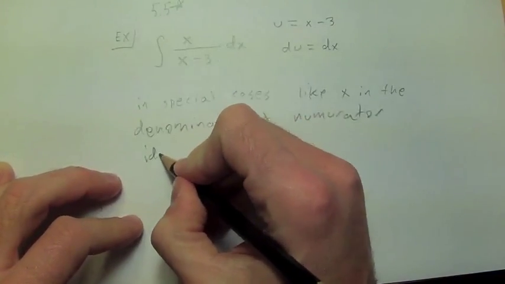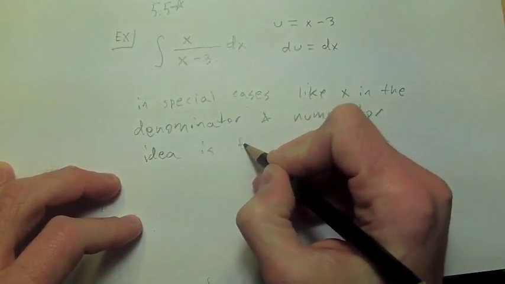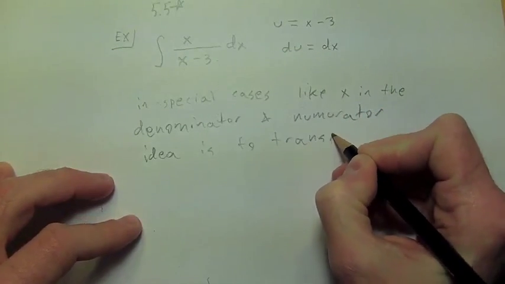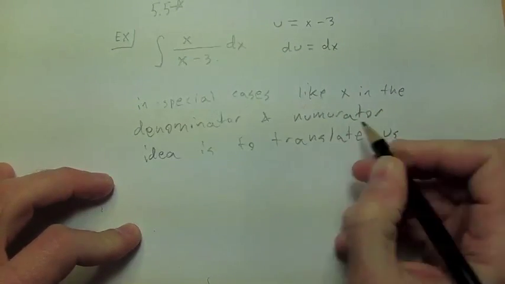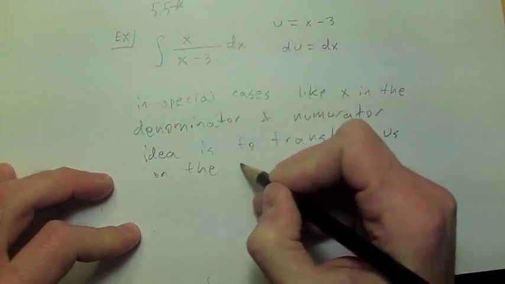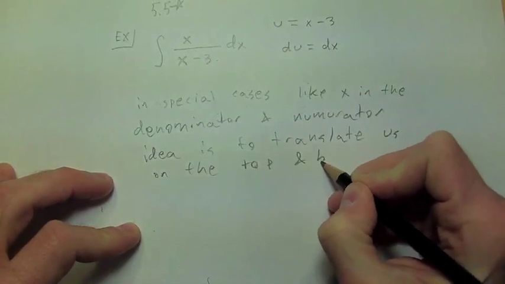So the idea is to translate u's on the top and bottom.